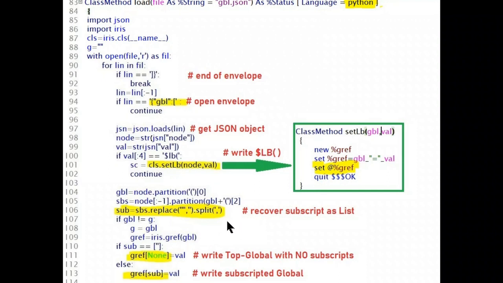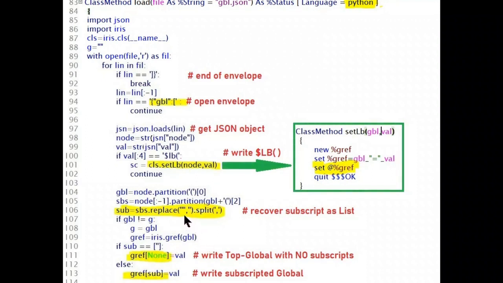So I create a global reference element in Python, and to write to a global you have the global name, the global reference, and you have the subscripts, and the subscripts are presented here as list elements.